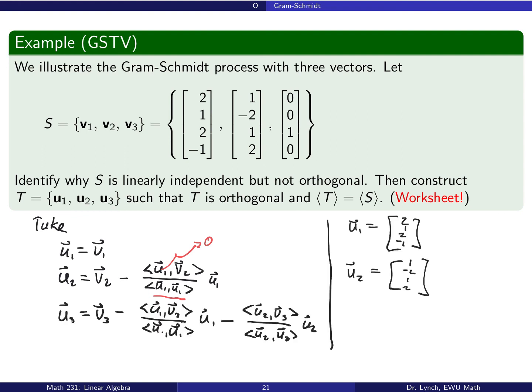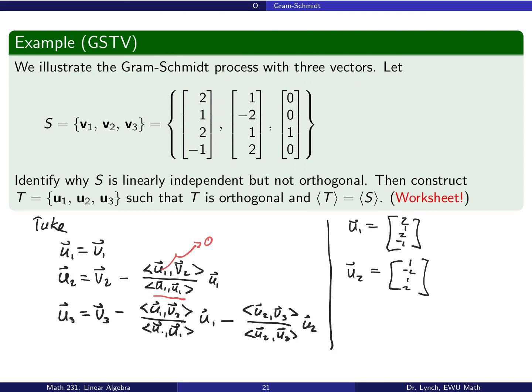So what we end up with is U1 equal to (2, 1, 2, -1). We end up with U2 equal to (1, -2, 1, 2). And then I'll let you go ahead and verify this. We end up with U3 equal to (-1/2, 0, 1/2, 0). Now, however, what we typically do is rescale.